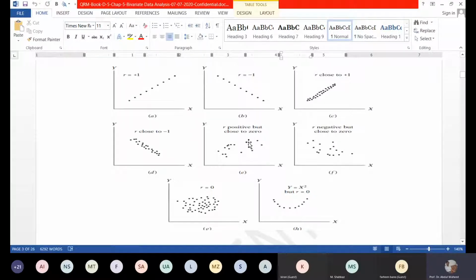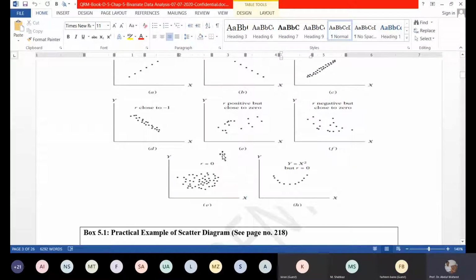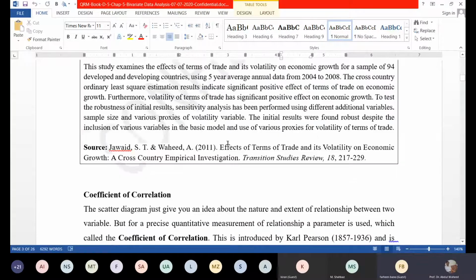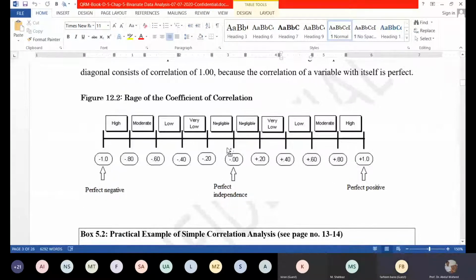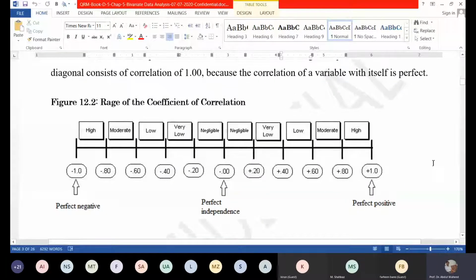Here there is a very weak relationship. Here also very weak. We cannot say anything about the correlation. Here we have weak positive, here we have weak negative. So let me show you the values. These are the ranges for the values of the correlation coefficient.